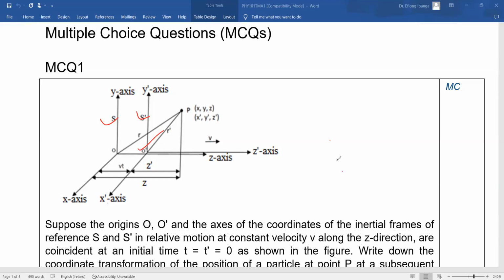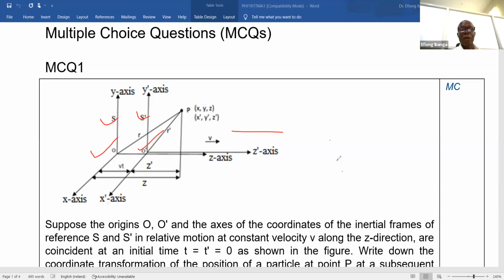That is, he is sitting at the origin of the coordinate system in the moving train. Let S be attached to the police officer that is stationary relative to the surface of the earth. Do you understand it now? Now the train is moving to the right with constant velocity v.